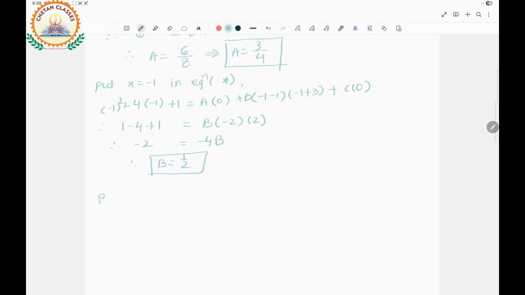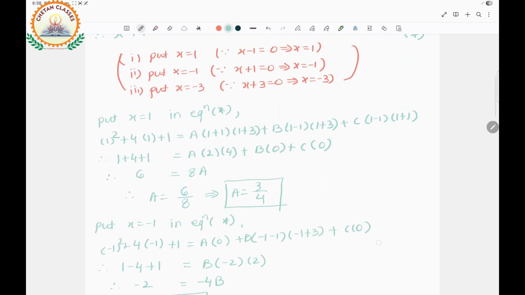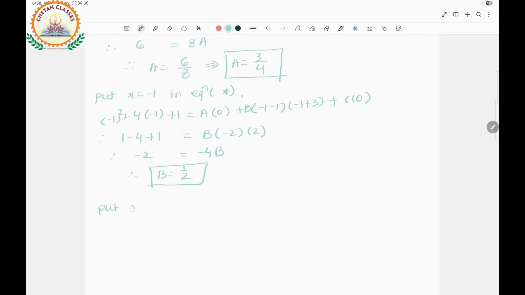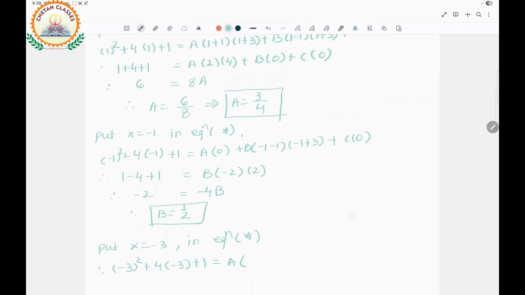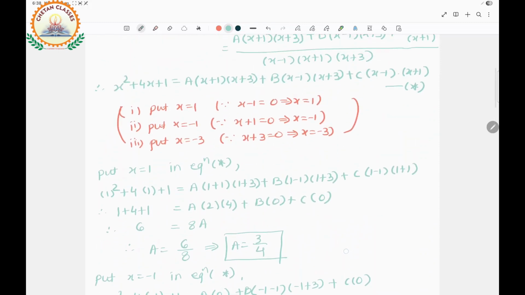Now, put x is equal to −3 in equation star. So we get (−3)² + 4 into (−3) + 1 is equal to A into (−3 + 3), if we put.